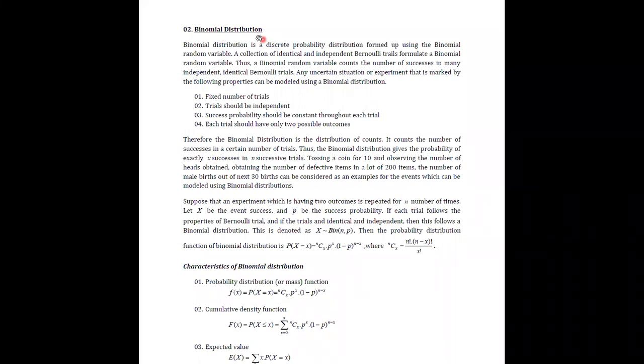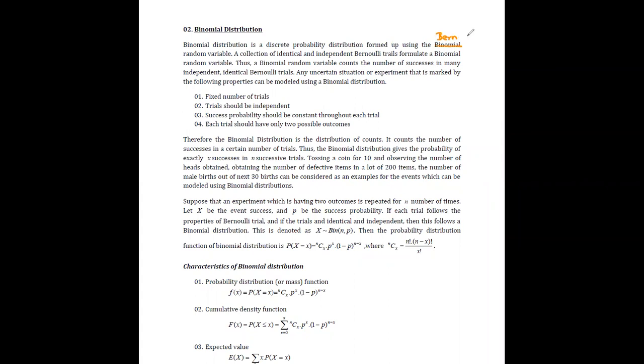When we are considering this binomial distribution, rather than saying it is made up from a discrete random variable, it is better to say it is actually a collection of Bernoulli random variables.